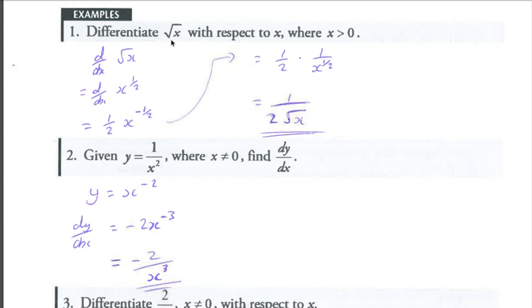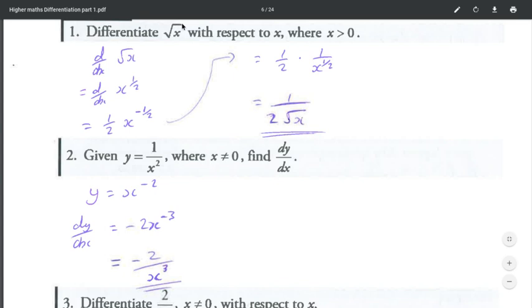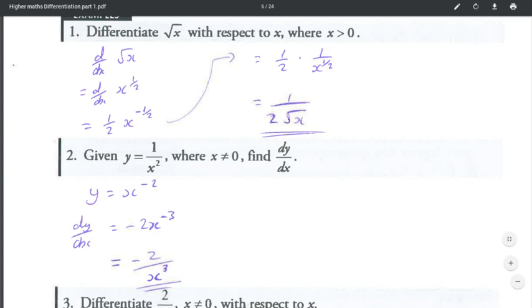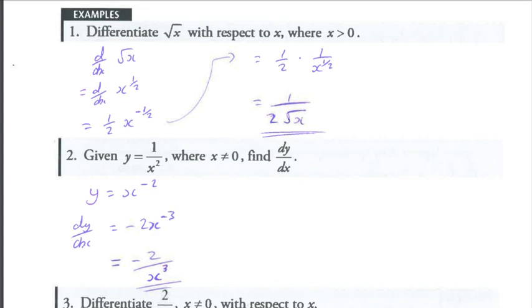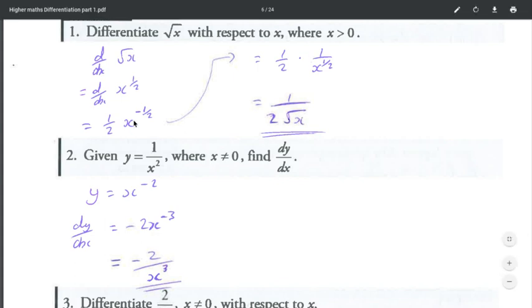Now because I started off with a square root rather than a fractional power, I'm going to return my answer in that format, because that is what a good young mathematician would do. So I have 1/2 multiplied by, well, x to the negative 1/2 means 1 over x to the half. So I have 1 over 2 multiplied by root x, so it'll be 1 over 2 root x.